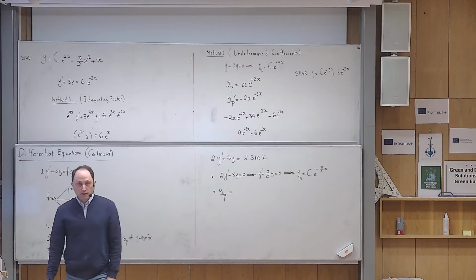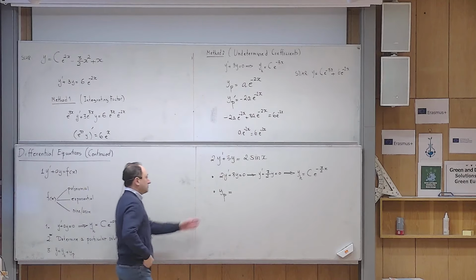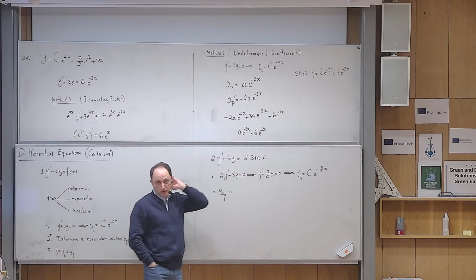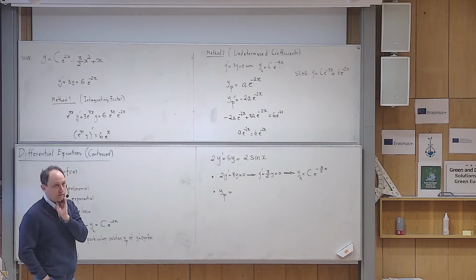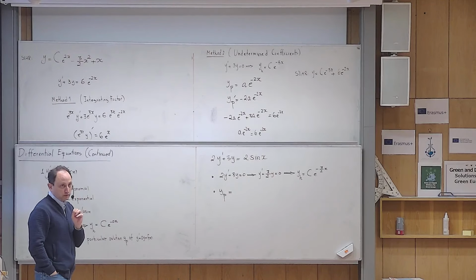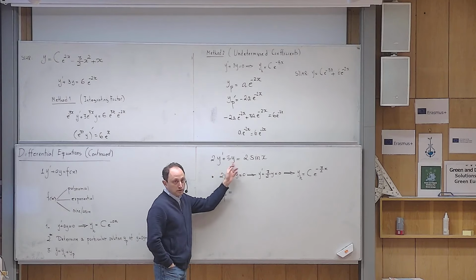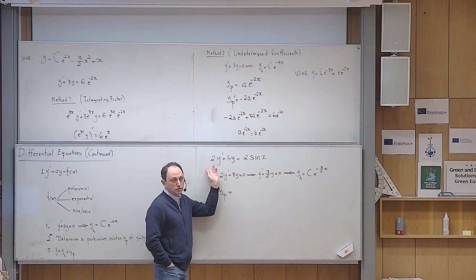So I need a function so that it is probable that if I put it back here, it generates a sine x function. So what type of functions do you expect? Yeah, it should be both of them in one formula. Because if you just consider sine alone, then the derivative becomes cosine. You don't have it. If you consider only cosine, its derivative becomes sine.